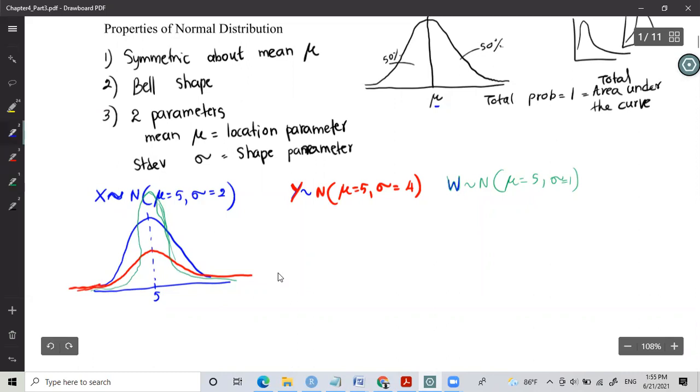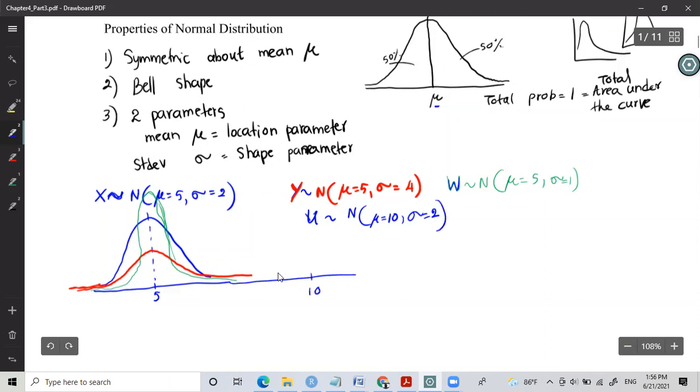Now, say U follows normal, and let's say sigma is the same, but now the mean is 10. Now your bell will shift to 10.